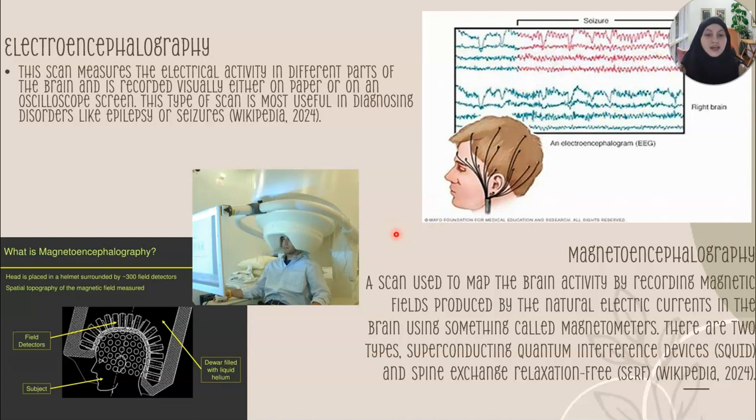Magnetoencephalography scans are used to map the brain activity by recording magnetic fields produced by the natural electric currents in the brain using something called magnetometers. There are two different types: superconducting quantum interference devices, or SQUIDs, and spin exchange relaxation free, or SERF.